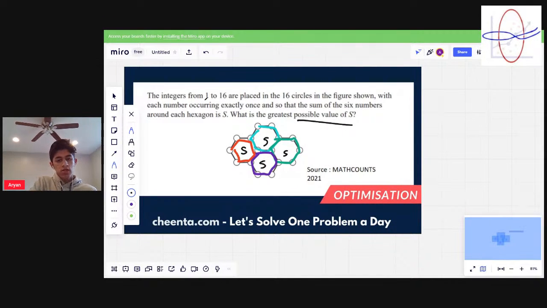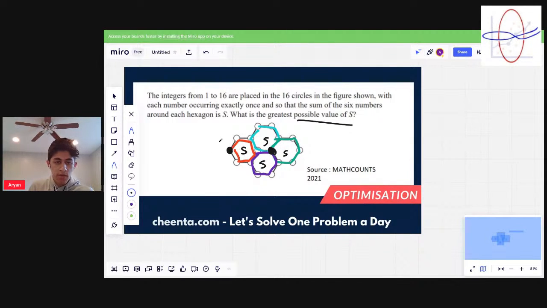s. The thing to note here is that some of these vertices are used in only one hexagon. For example, this black vertex right here is counted once, in the red hexagon. But if I take this circle, I'm using it 3 times, in the blue, the green, and the purple hexagon. So common sense tells us that if we are trying to maximize s, we want to use our biggest numbers in the places that they are counted the most.